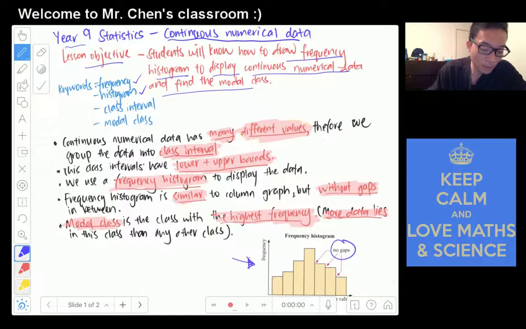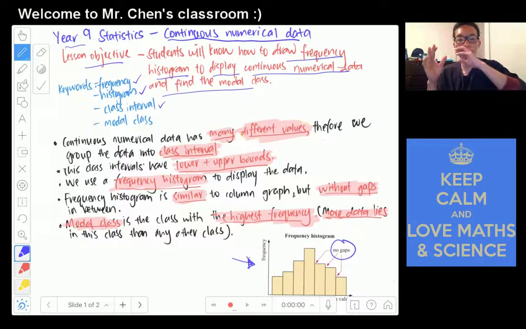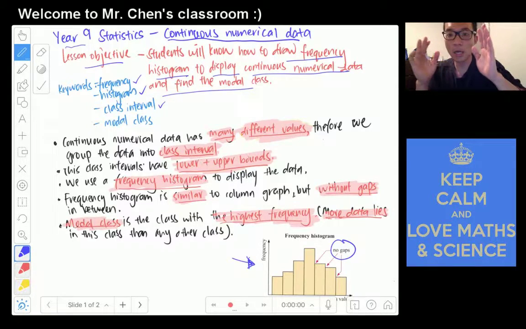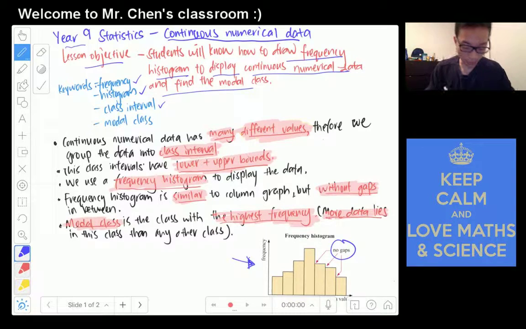And you have a class interval. A class interval means a group of data being categorized into upper and lower bounds, like boundaries. So like this, there you go. This is a class interval, for example from 0.5 to 1, or from 1 to 1.5.